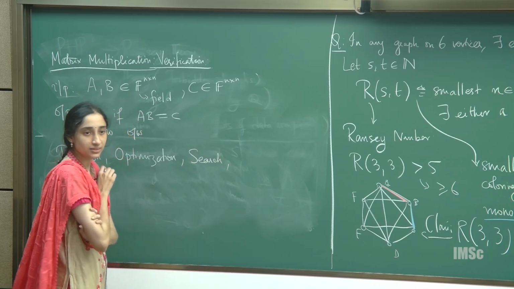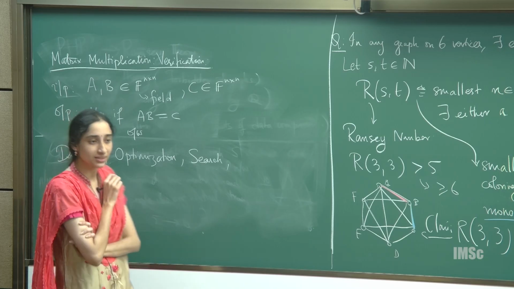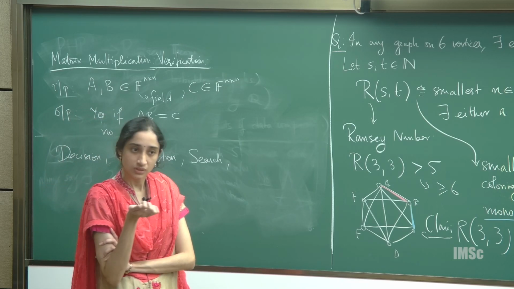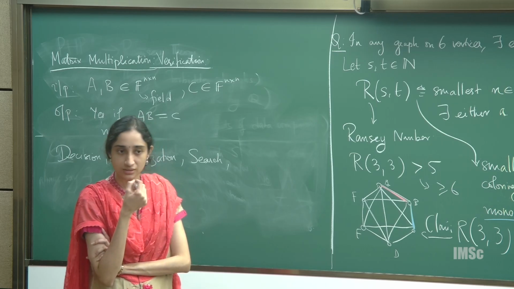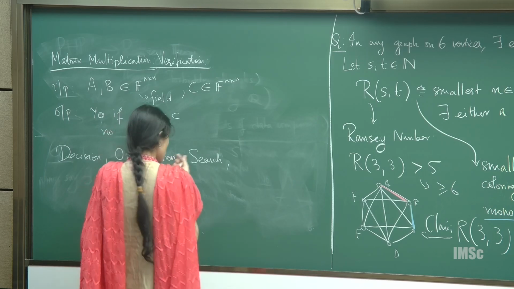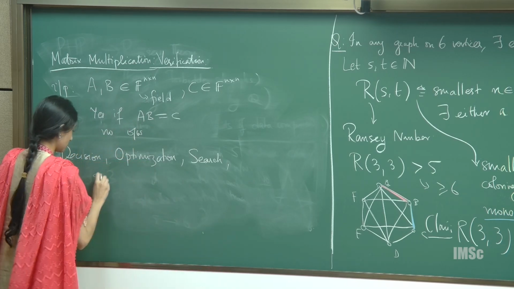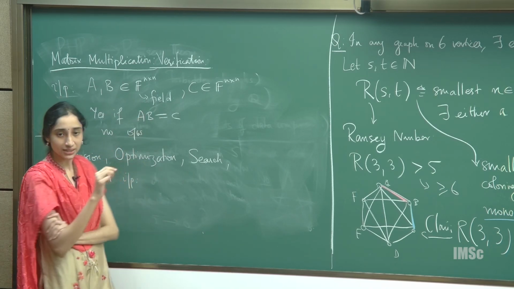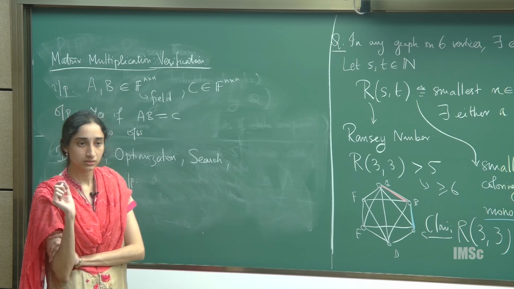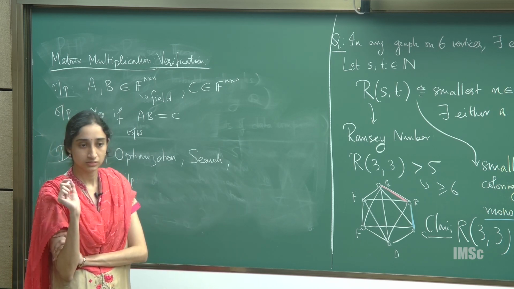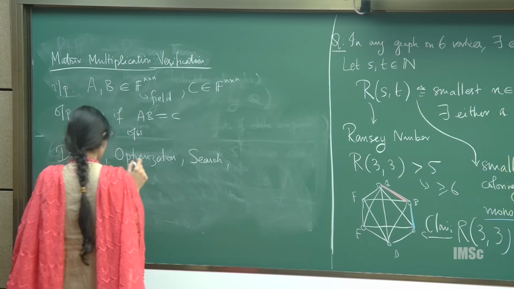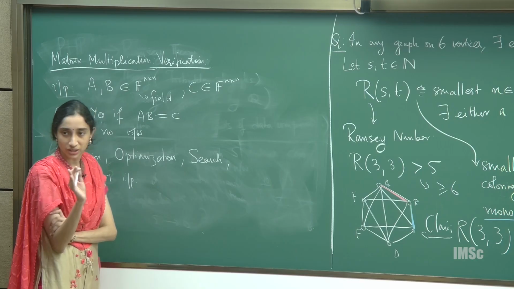Did you see SAT? So what did you see about SAT? So what problem is it? Decision problem. So suppose I give you a SAT. I'll come back to this. What is the input for SAT? Variables and clauses. You mean a Boolean formula, right?